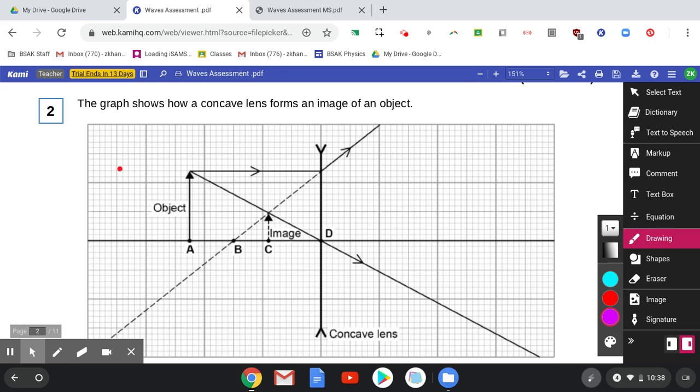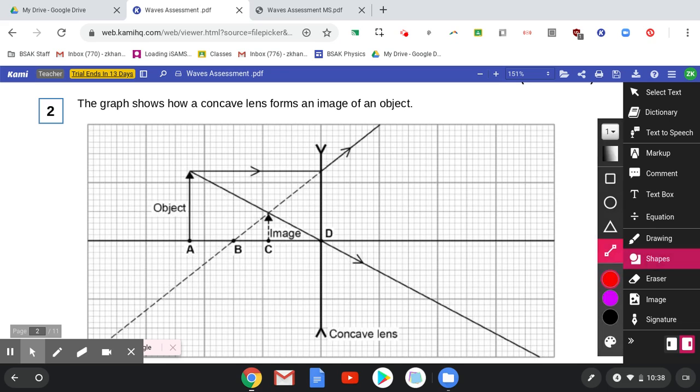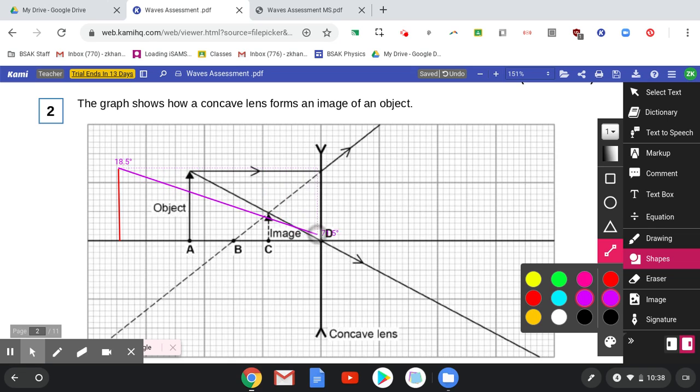So if you just think the ray started here, and it was going towards the center, just like this one here. So let's say we place the object somewhere here. And we have got this ray that was supposed to go through the center.